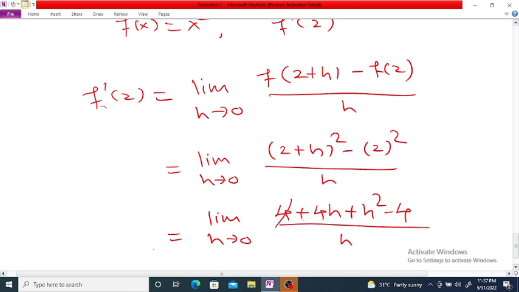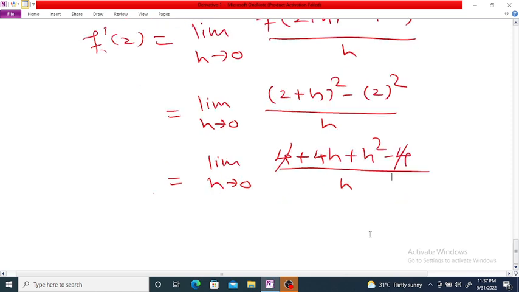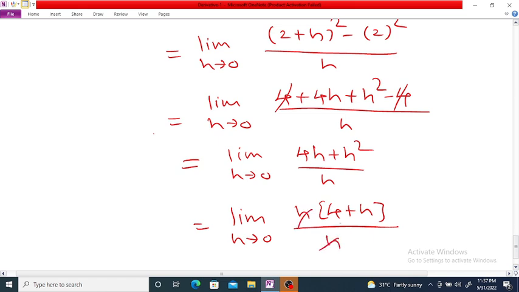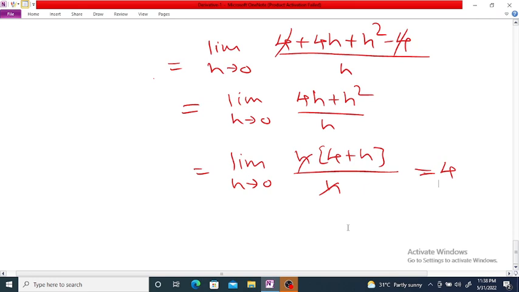So this 4 will get cancelled here. 4h + h square divided by h is equal to limit h tends to 0, h we take outside, then it is (4 + h) divided by h, so h will get cancelled here, and this is equal to what? 4. So what is f'(2) here? f'(2) is equal to 4.